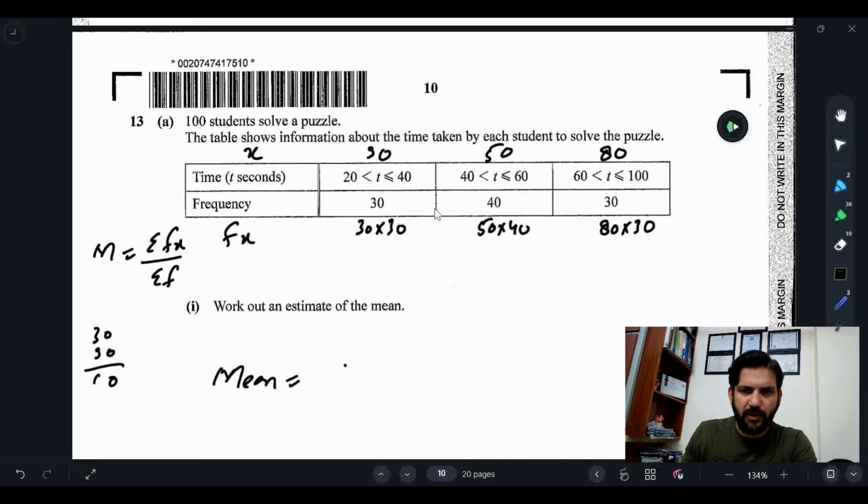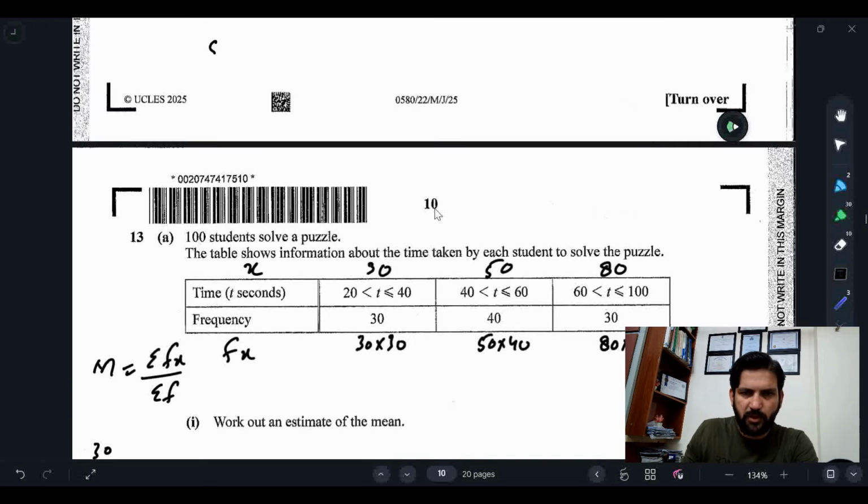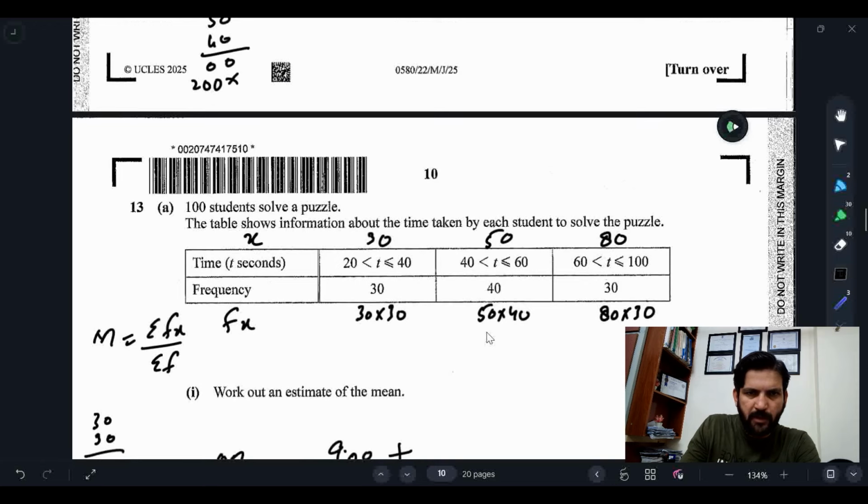30 into 30: you can use the rough page for this. 30 into 30, 0 0, then 3 3s are 9. I am doing it just to make it easier for you. So this will be 900. Now 50 into 40: 0 0, then 5 4s are 20.